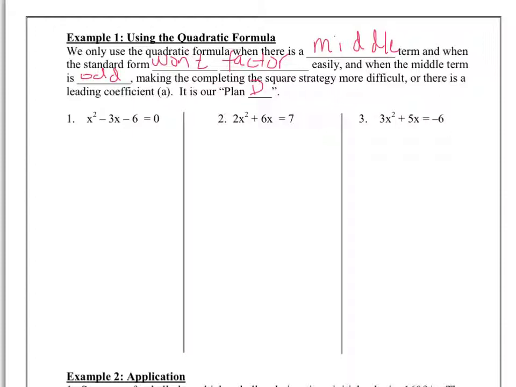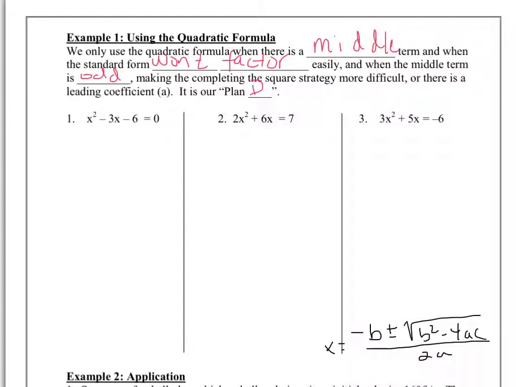Okay, so I am going to write it over here so we can use it. Negative b plus or minus the square root of b squared minus 4ac over 2a. Okay, and this is equal to x.